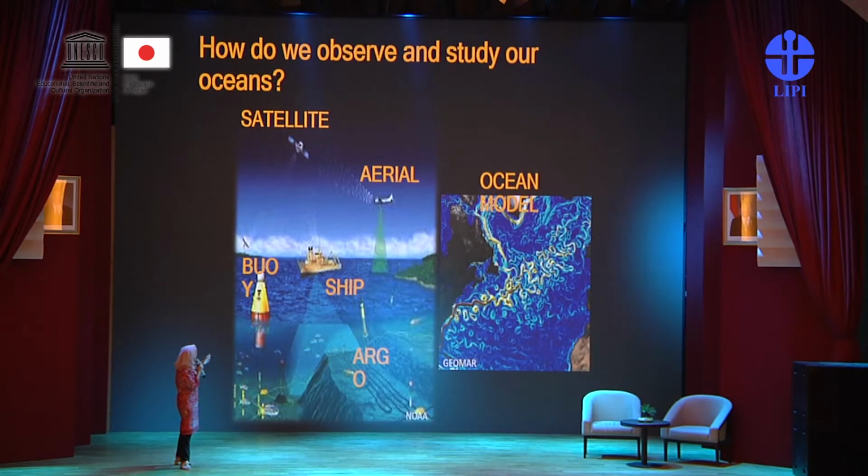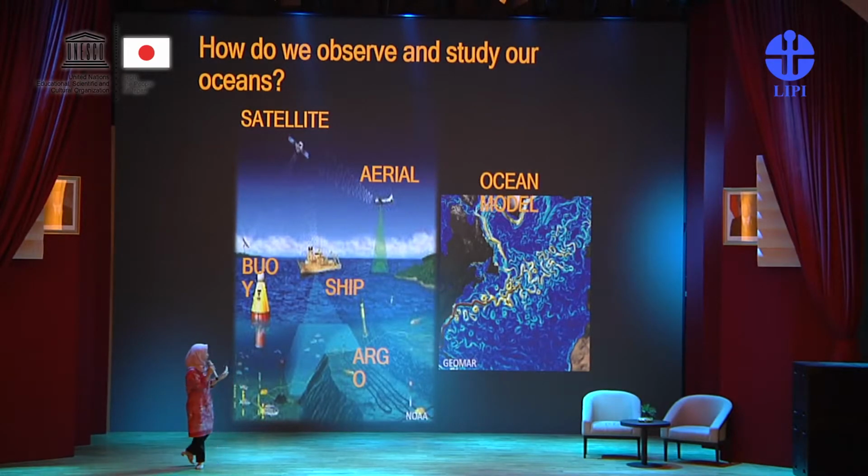Some people put buoys. A buoy is when you put an instrument in one place. It's attached to the ground, so you can have data from the same place all the time. As opposed to ships, when we go on a cruise, we only go there at one point in time and then we leave, but a buoy stays there. And there are also Argo floats.